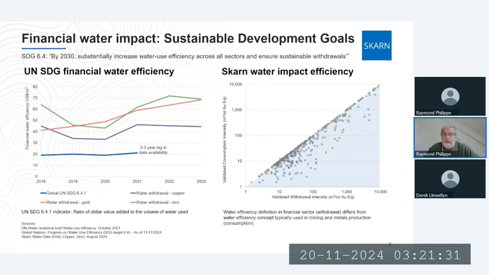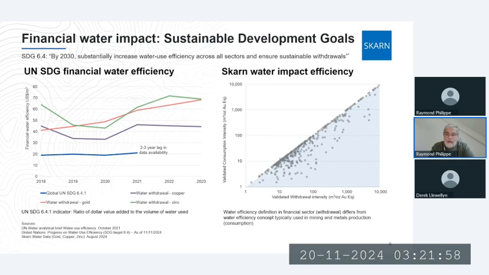I also mentioned that there is a big difference between withdrawals and consumption, especially in the mining sector, where typically a mining operation is very much exposed to water availability in the surroundings because of its size and impact with water, with runoffs, precipitation, snow melt, dewatering.